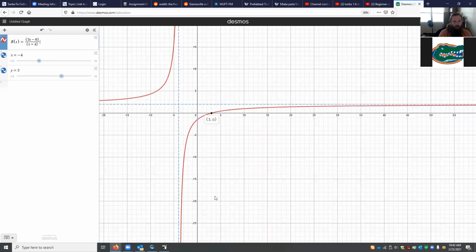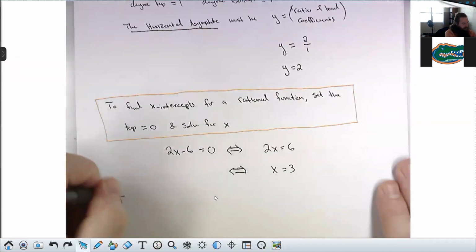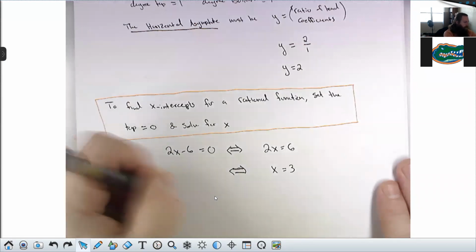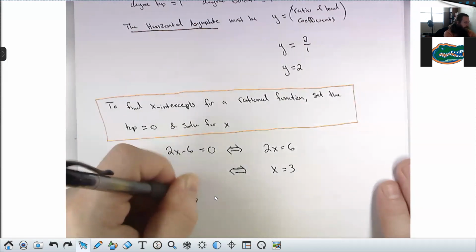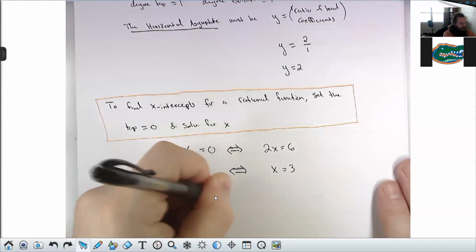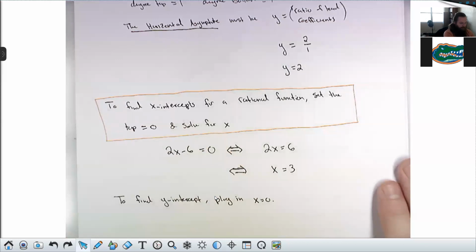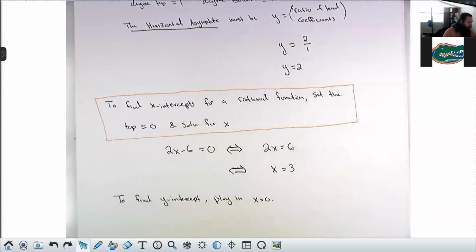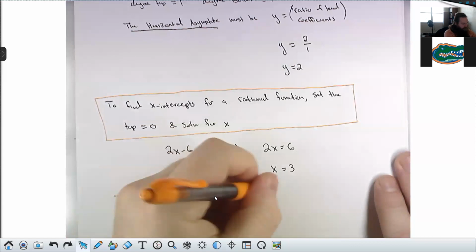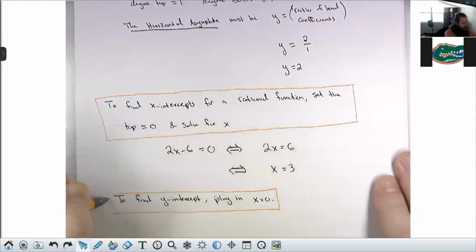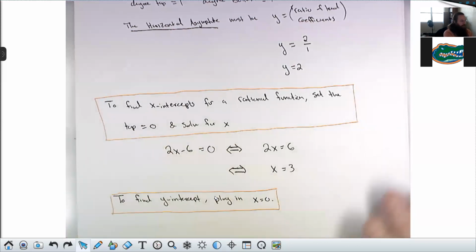And that's the only one. To find y-intercepts, there's really only ever one y-intercept. Plug in x equals 0. And that's really the full list of things that we would want to do with rational functions. All right, these are all the things that we need to be able to find.